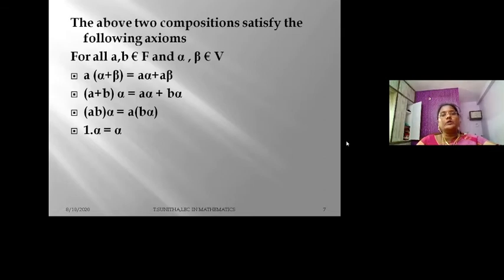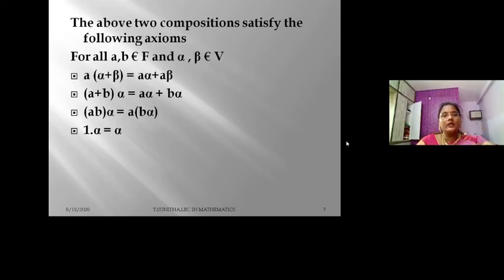The above two compositions, internal composition and external composition, satisfy the following axioms. For all a, b belongs to F, that means a, b are scalars, and α, β belongs to V, that means α, β are vectors. So the two compositions should satisfy these four.